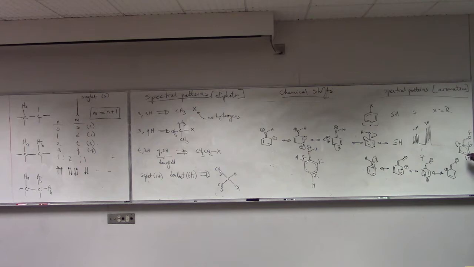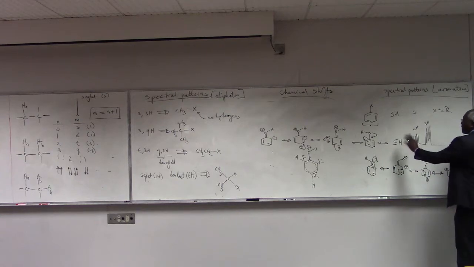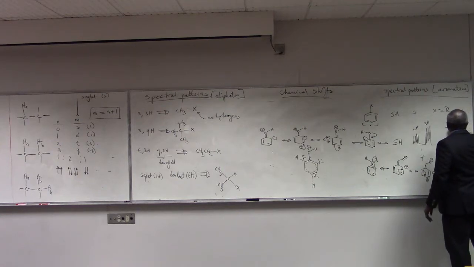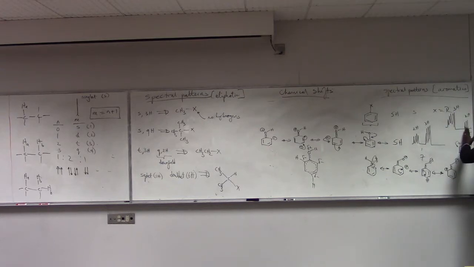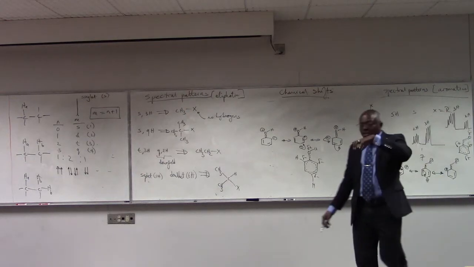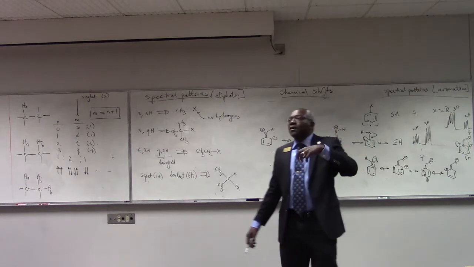So the ortho and para carbons have less electron density, so the H's on them are deshielded. So I will still get 5 H's, but the profile now looks like this. I'll get a set of 3 H's that is downfield, deshielded, and a set of 2 H's that is upfield. So I can tell the character of the lone substituent on the aromatic ring.